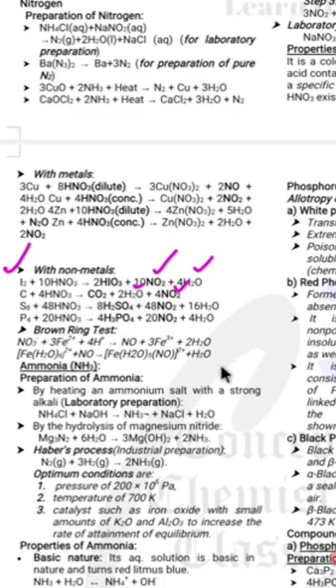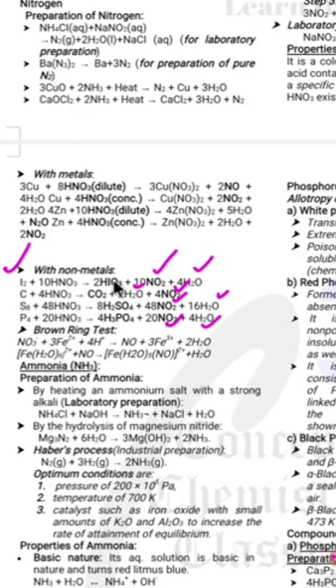Nitrogen dioxide, water. Okay. With sulfur also, nitrogen dioxide and water. With phosphorus also, nitrogen dioxide and water. These are common byproducts, okay, or common products.